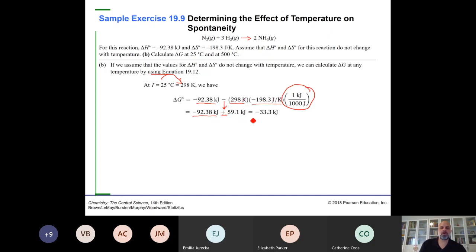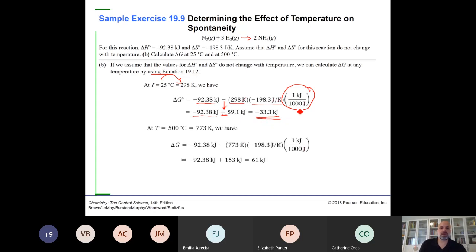Plus 59.1 gives us a minus 33.3 kilojoules of free energy available in this reaction at 25 degrees Celsius. So you would expect at 25 degrees Celsius that this reaction should proceed in the forward direction, because our free energy is favorable. We have a negative number.